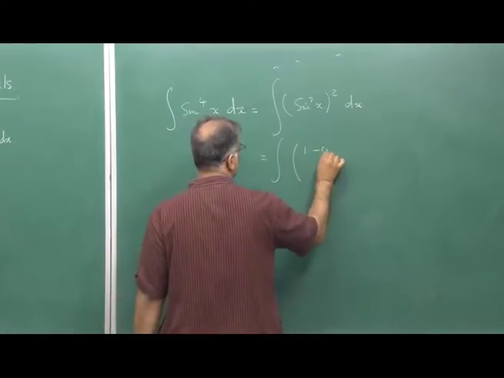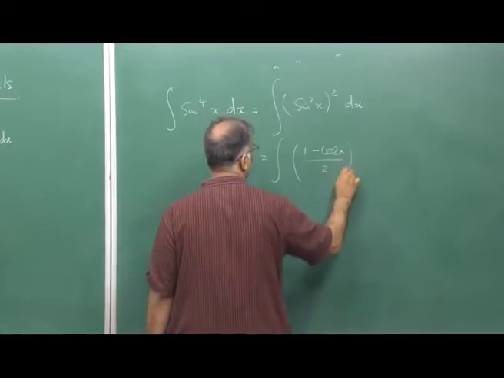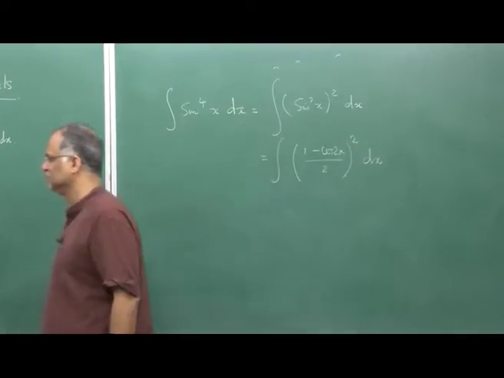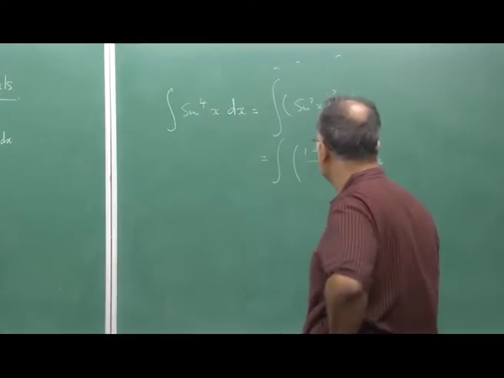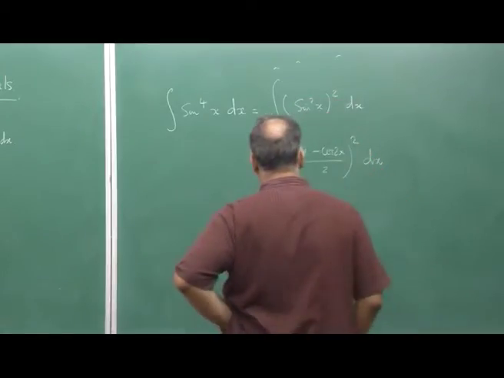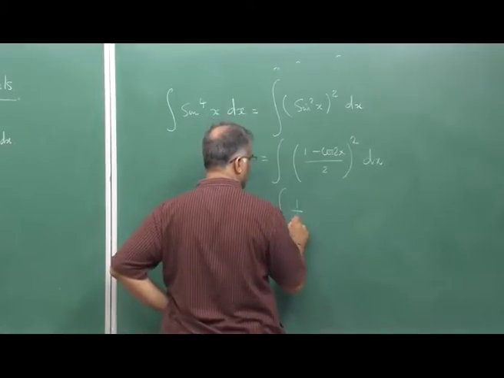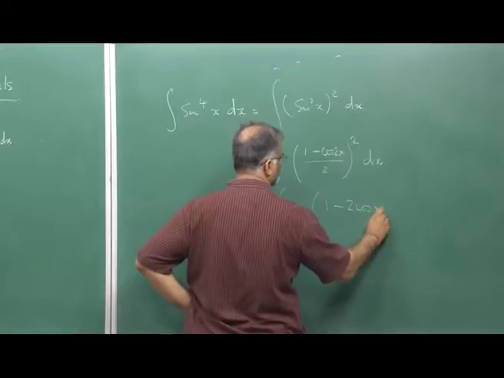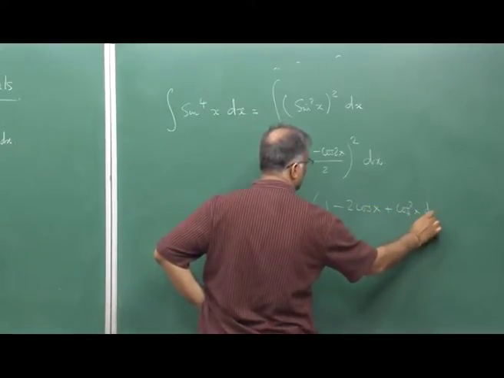So, it is ((1 minus cos 2x) by 2) whole square dx. Now, you just have to open the bracket, expand the sum. So, it is 1/4 into (1 minus 2 cos 2x plus cos square 2x) dx.